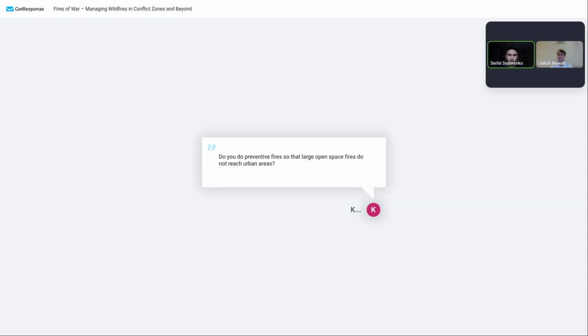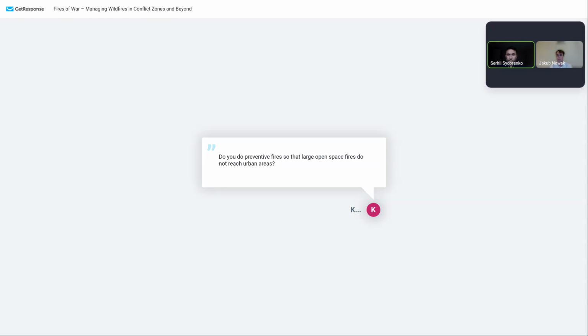So now it is semi-legal to use fire to provide safe zones, as you mentioned in your question, for large open spaces as well. But we still have a lot of issues with the legislation. So now it is unclear in what kind of area it can be used, and there is no instruction on how to use prescribed burning in this area.